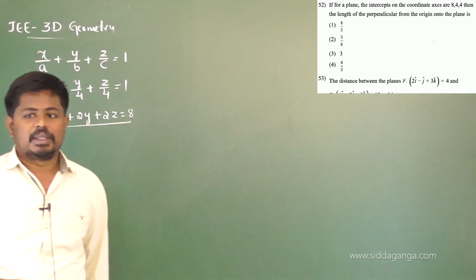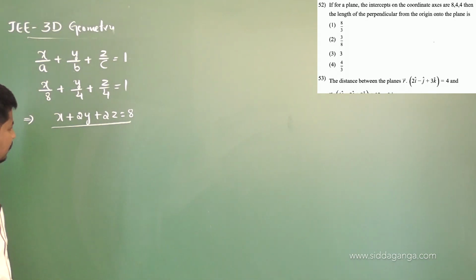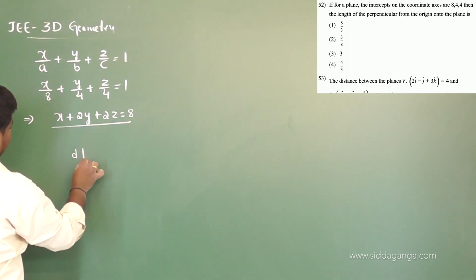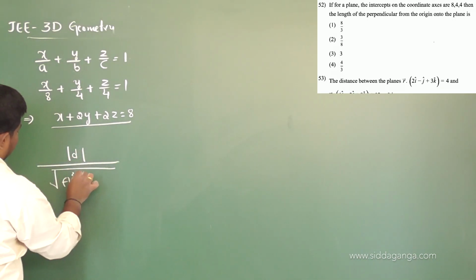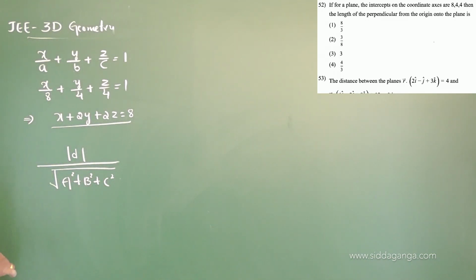This is your required equation of plane in the standard form. Actually, what we have to find? Length of the perpendicular from the origin to the plane. Yes, we have the formula that length of the perpendicular from the origin to the plane is what? D divided by root of a square plus b square plus c square. This is the formula to find the distance between the origin and the plane ax plus by plus cz is equal to d.